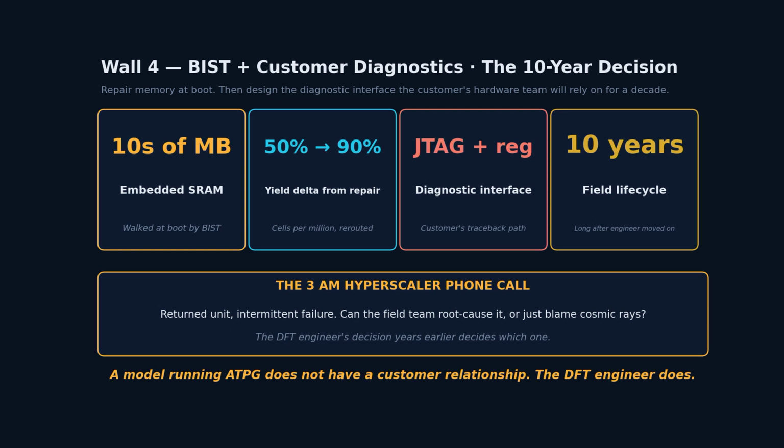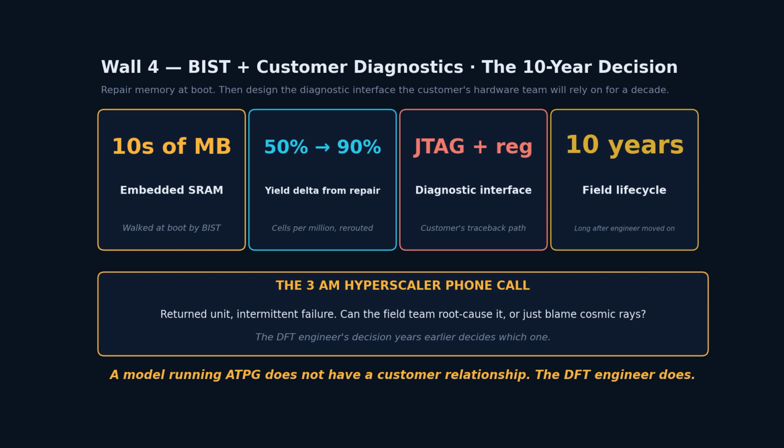But the more important Wall 4 decision is about what comes after the chip ships. The DFT engineer designs the diagnostic registers, the JTAG interface, the error capture logic, the field failure traceback structures that the customer's hardware reliability team will use for the next decade.